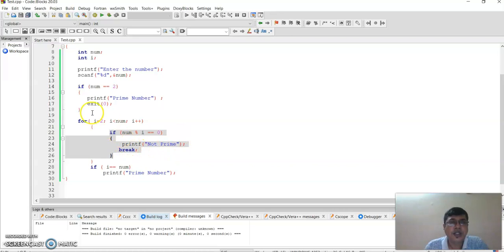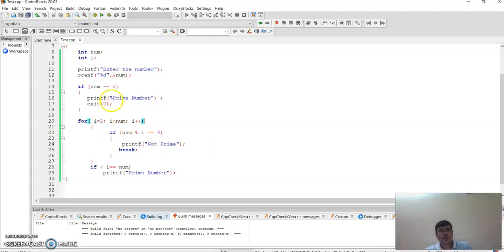If it is divisible, it is not a prime number, and if it isn't, it is prime. For 3, between 1 and 3 there is 2, and 3 doesn't divide by 2, so 3 is prime. Similarly for 7, 2, 3, 4, 5, 6 don't divide 7, so 7 is prime. But 6 is easily divisible by 2, so 6 is not a prime number.